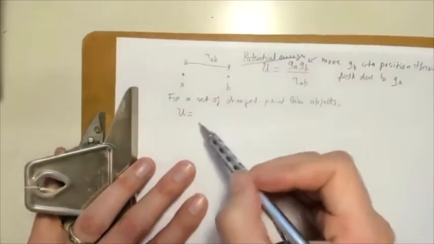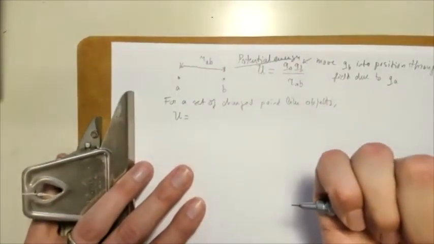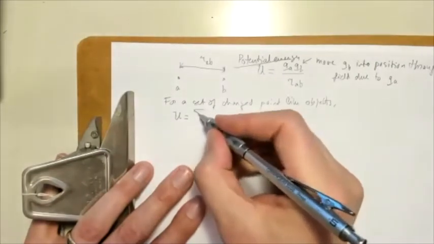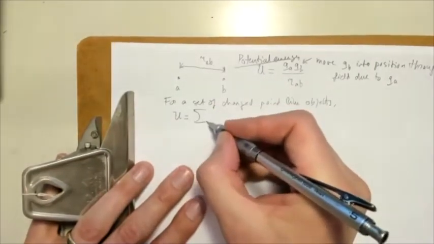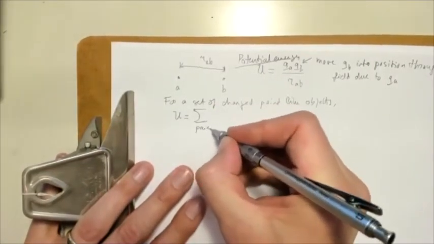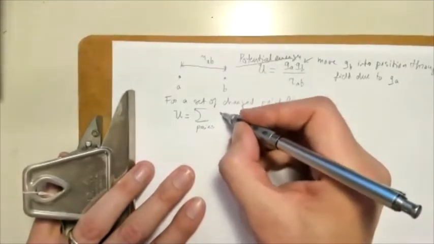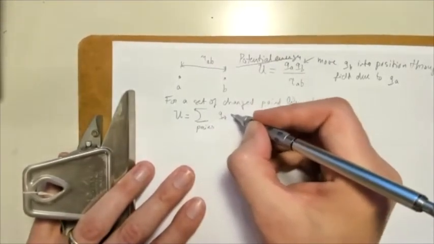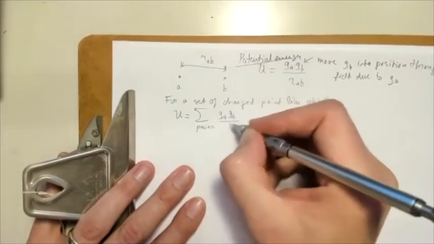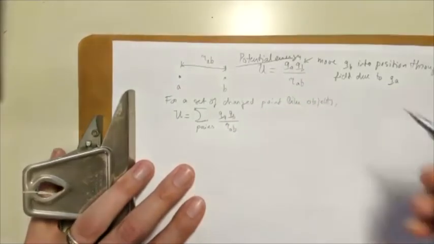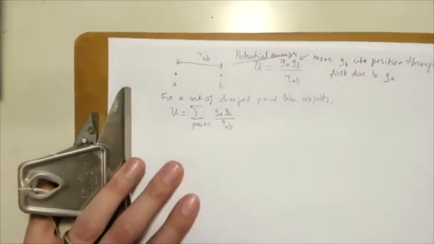That's potential energy. The total potential energy is the sum over all the pairs of Q_A Q_B over R_AB. All right.